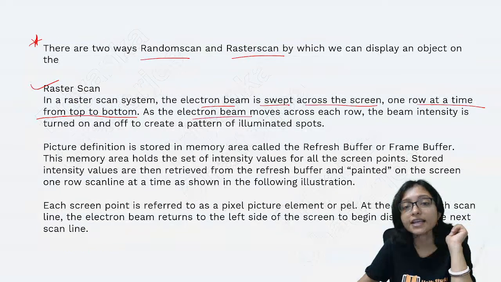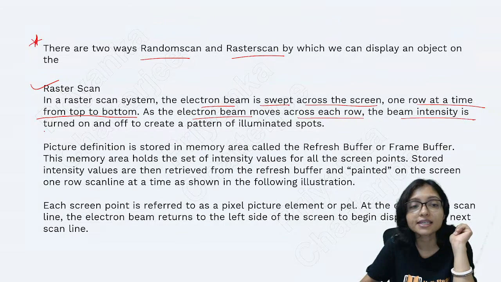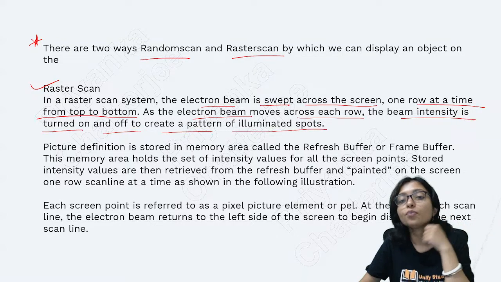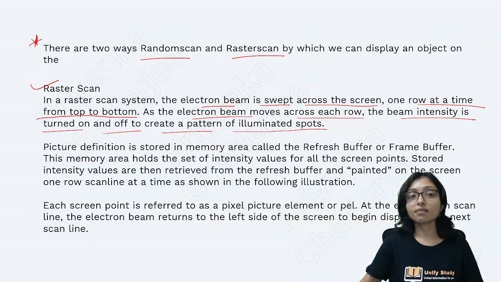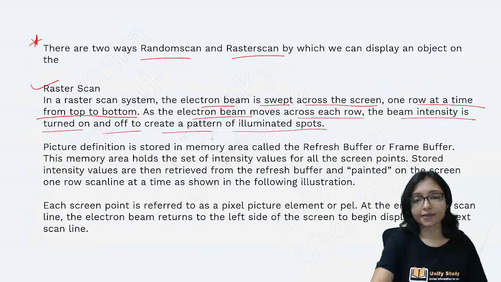As the electron beam moves across each row, the beam intensity is turned on and off to create the pattern of illuminated spots. This is the working mechanism of the raster scan.